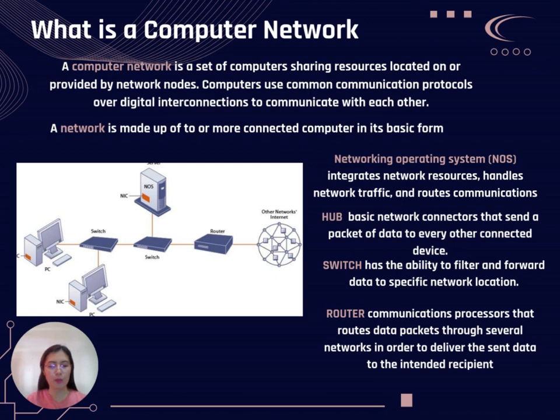A client computer and a dedicated server computer, network interfaces, a connection medium, network operating system software, and either a hub or a switch are shown as the main hardware, software, and transmission components in Figure 7.1. The network operating system integrates network resources, handles network traffic, and routes communication.